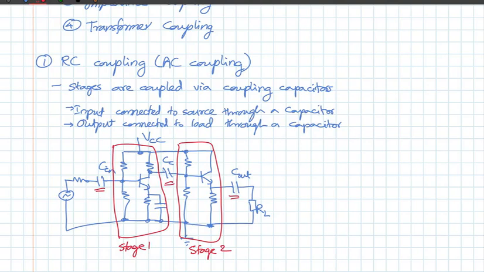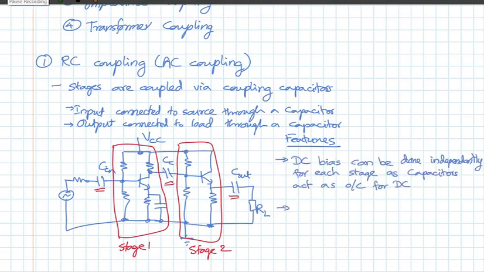RC coupling. Okay, so what are some of the features of this technique? Because we couple through the capacitors, we don't have to worry about upsetting the bias of each of the stages. So biasing can be done independently, without worrying about what happens to the bias voltage when you connect the next stage to the previous stage, right?